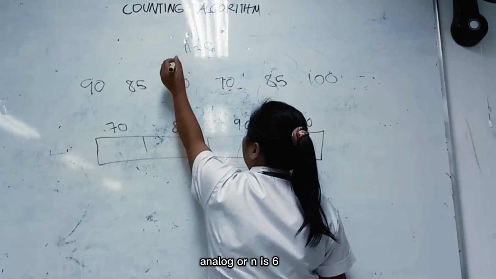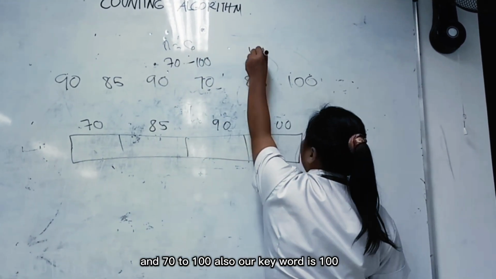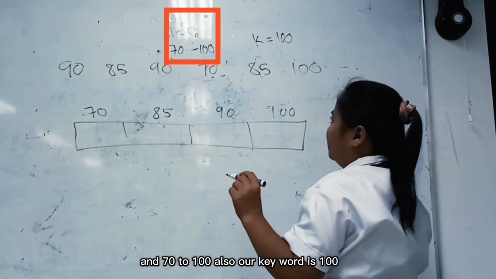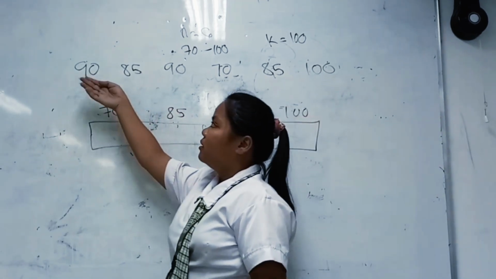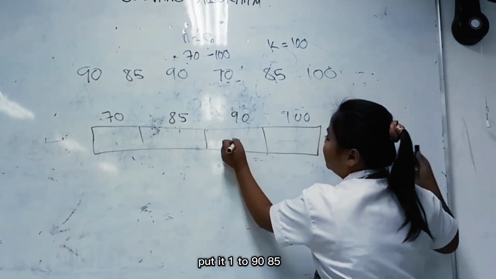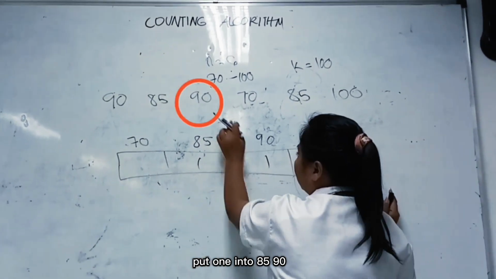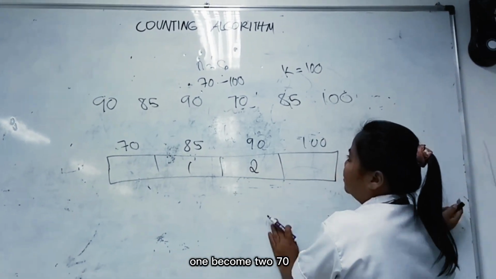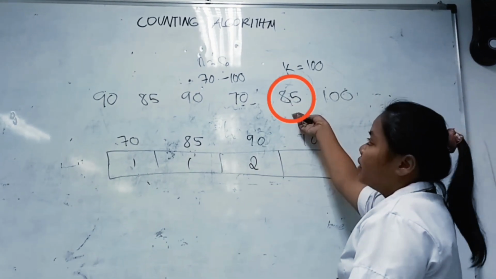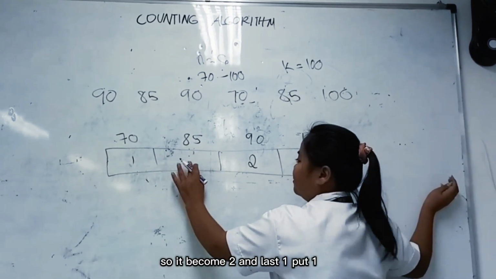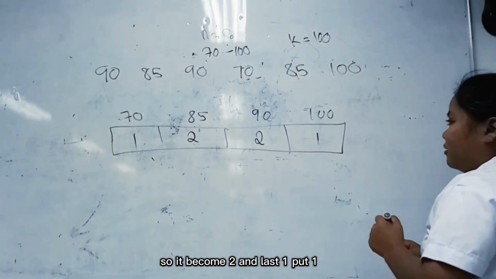So our n is 6 because there are a total of 6 elements given, and 70 to 100, also our key is 100. First 90, so put 1 into 90, 85 put 1 into 85, 90 so 1 becomes 2, 70 put 1, 85 so 85 has 1 so it becomes 2, and last 100 put 1.